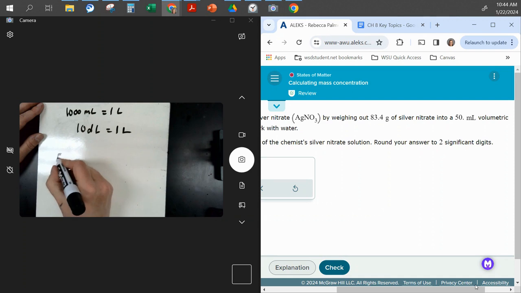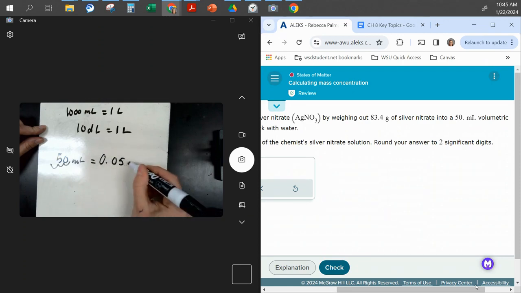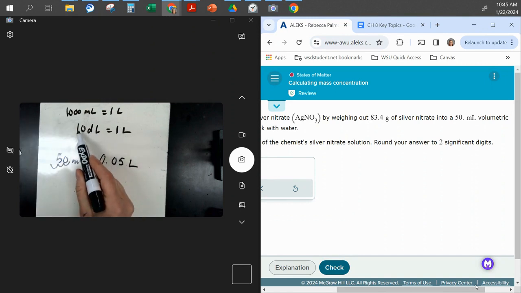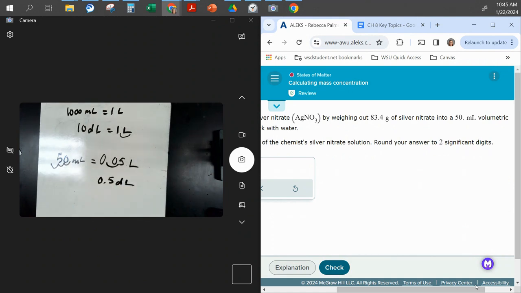All right, well, I have 50 milliliters. That's the same as 0.05 liters. Okay, and then to go from liters to deciliters, I move my decimal one to the right. So that will give me 0.5 deciliters. So then I just have to calculate grams per deciliter.